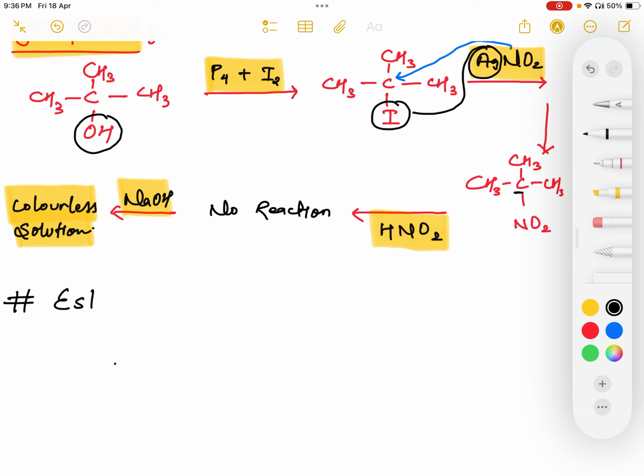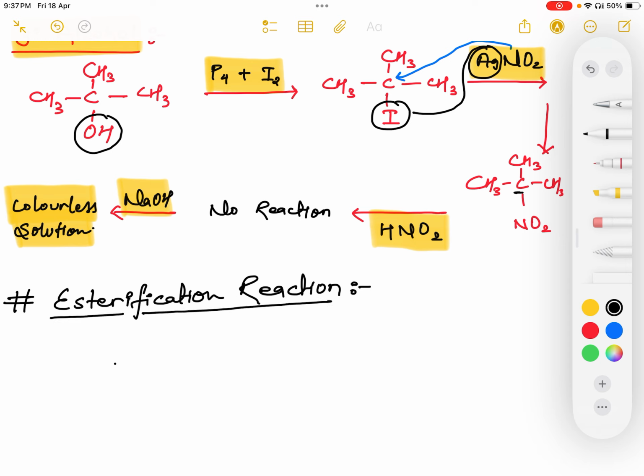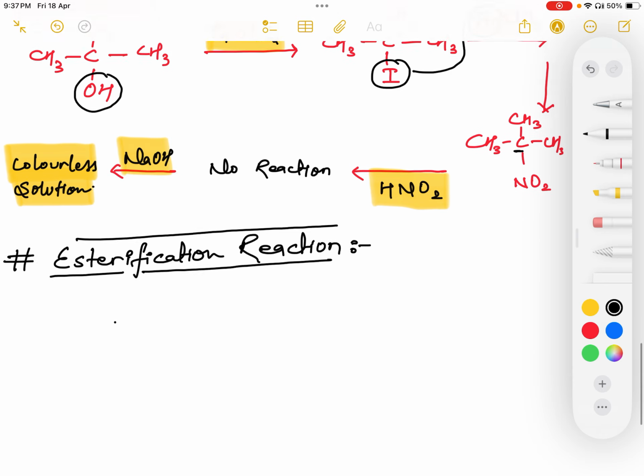Esterification reaction. So what exactly is esterification reaction?